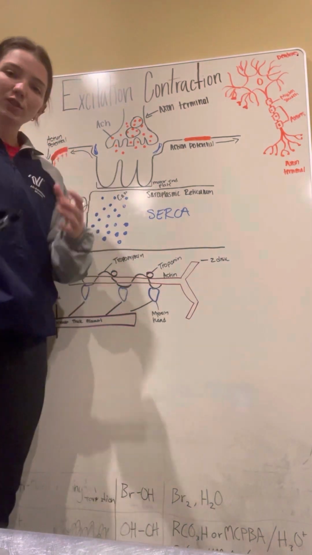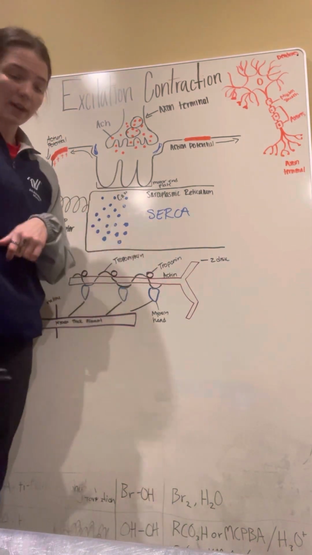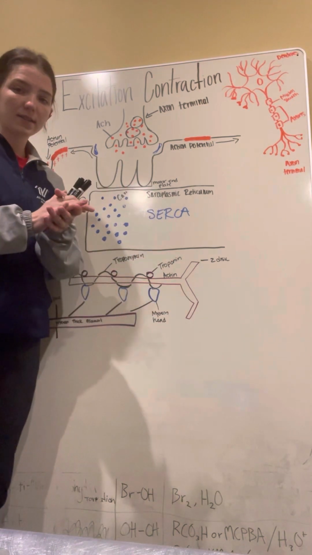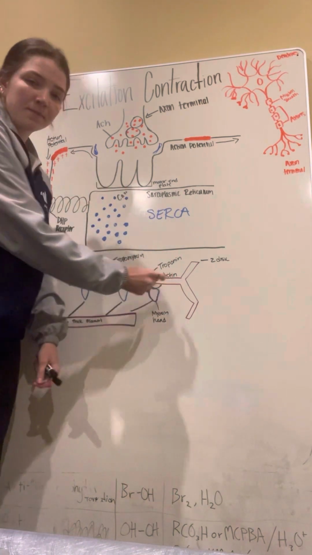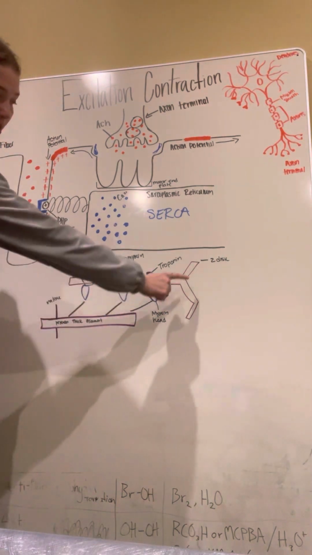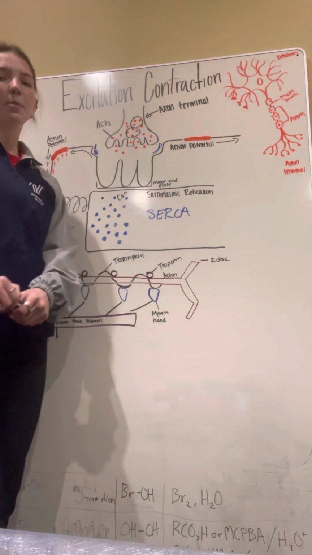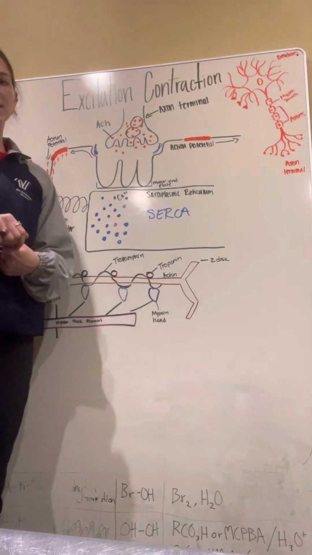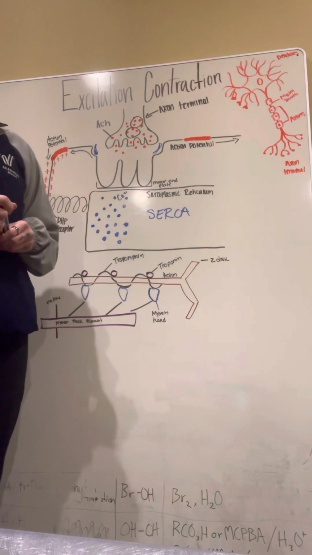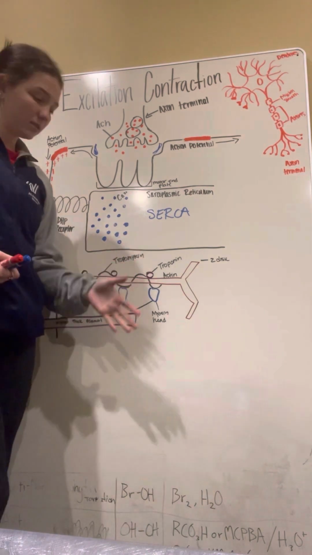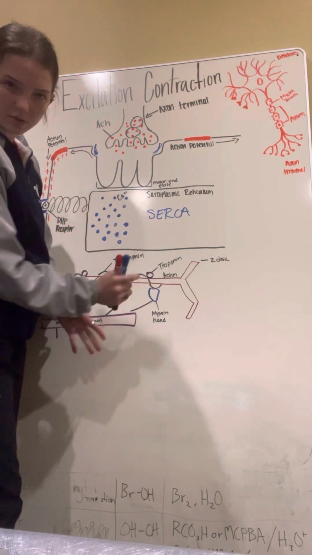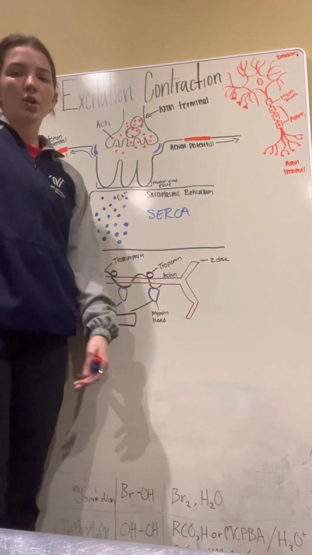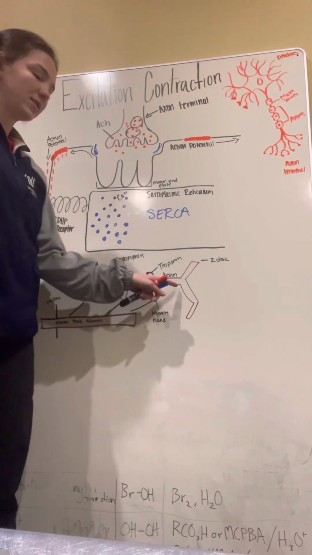But then eventually we're going to get the troponin right here, these little circles, and the calcium ions are going to bind on this actin, which is this strip right here. It's going to allow the myosin heads, which look like light bulbs almost, to bind on the sites of the actin molecules.